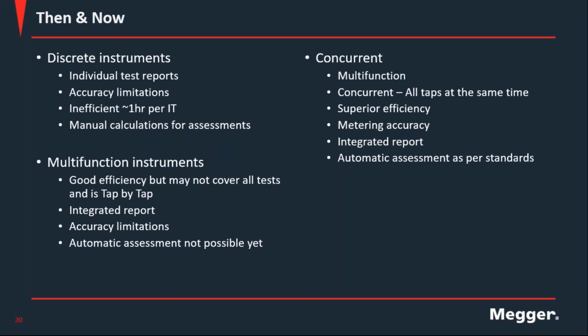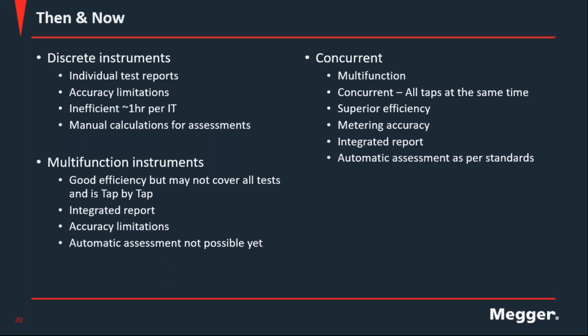And performing individual tests is inefficient. You can easily spend 1 hour testing one CT for all the taps because you need to change leads, swap instruments and open different software. So it's inefficient. And when you go to test CTs or VTs, you don't have just one, you have many of them, and it will take a lot of time.